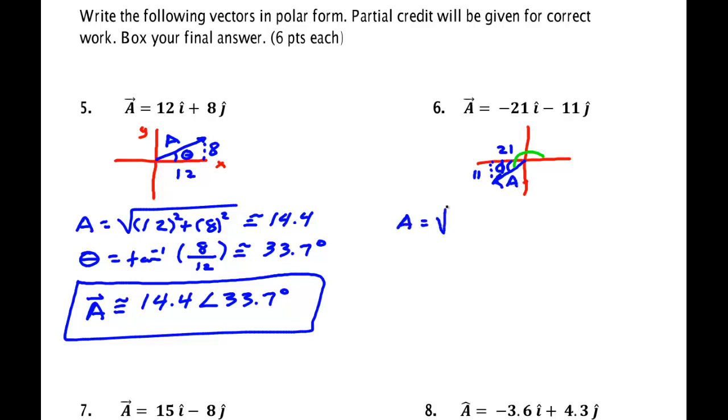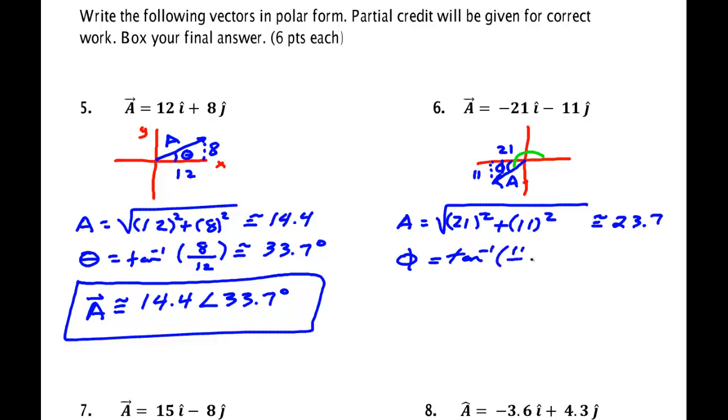A is the square root of 21 squared plus 11 squared, which if I punch my calculator gives me 23.7. Phi is the inverse tangent of 11 over 21, which gives me 27.6 degrees.